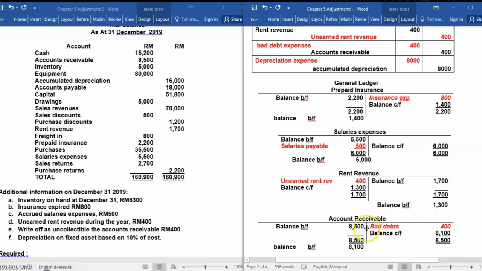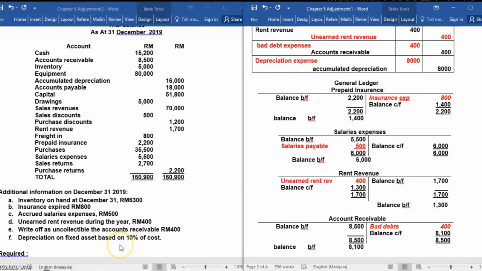The amount for account receivable after adjustment is 8,100. So we have to prepare the adjusted journal entry: debit bad debt expenses 400 and credit account receivable 400.